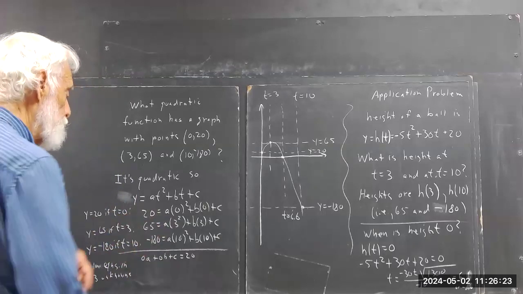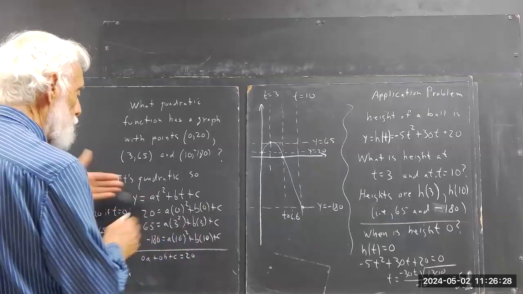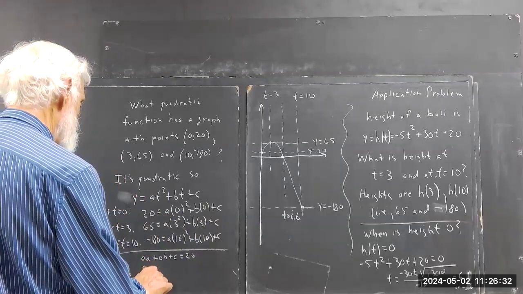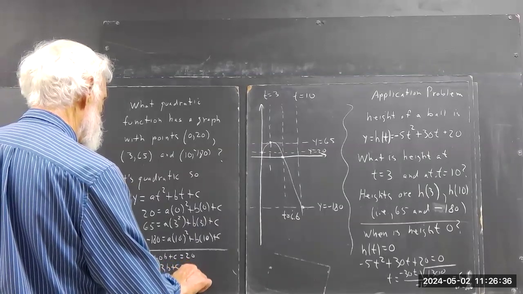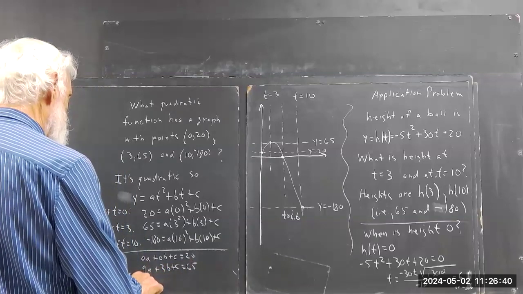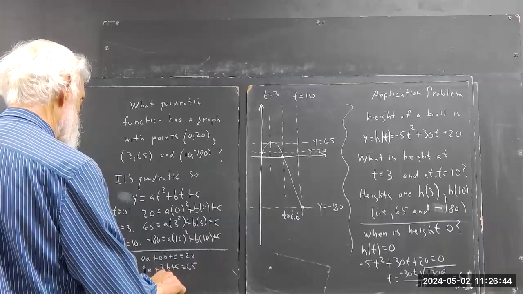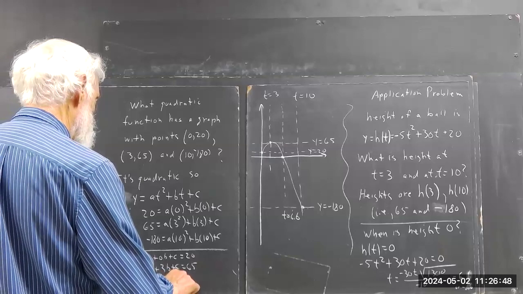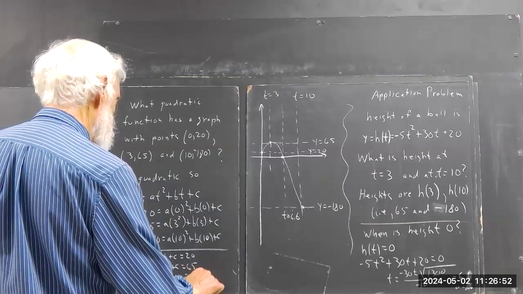The second equation, well, A is multiplied by 3 squared. I'm going to bring my A, B, and C over on the left. I'm going to have 9A plus 3B plus C equals 65. And 100A plus 10B plus C equals negative 180.